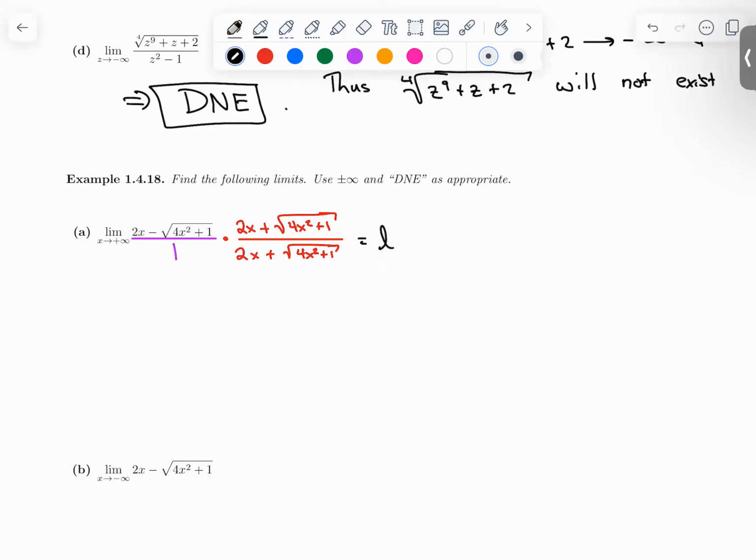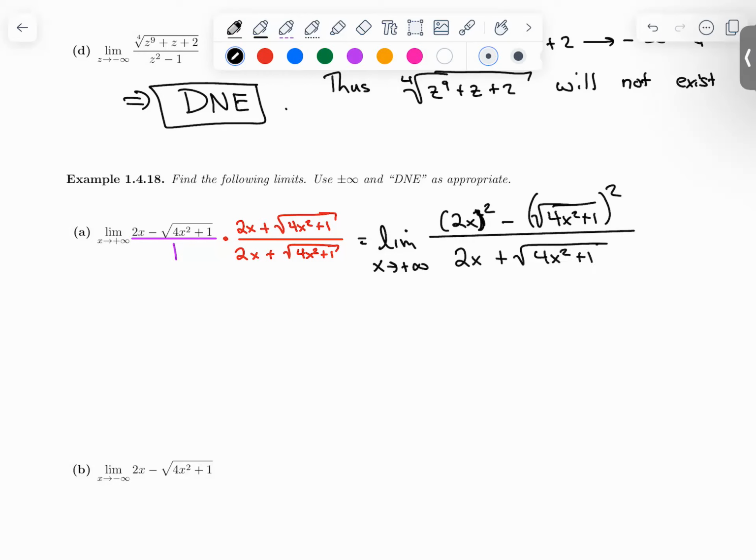So remember, when you're multiplying by conjugates, you just square the first term and subtract the square of the second term. So this becomes 2x quantity squared minus the square root of 4x squared plus 1 squared, all divided by 2x plus the square root of 4x squared plus 1.